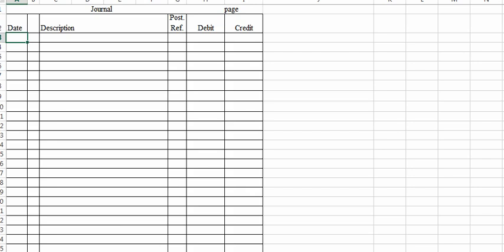Manufacturing operations for October are summarized as follows. Okay, we've got materials purchased on account on A. So we're going to debit materials.